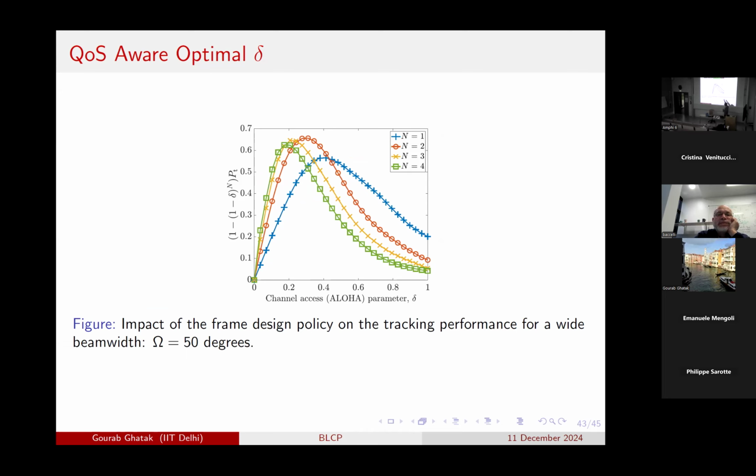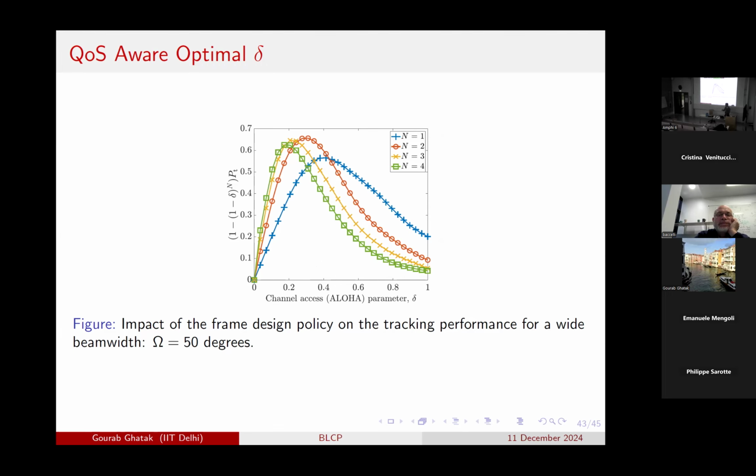So in this case, if you have large beam width, you can have cases where your n equal to 1, which is one single large block in your latency deadline, can create an optimal access probability at around 0.4 or 0.5. But the amount of detection or tracking success that you get at that value is lower than if you shrink the number of blocks to 2.